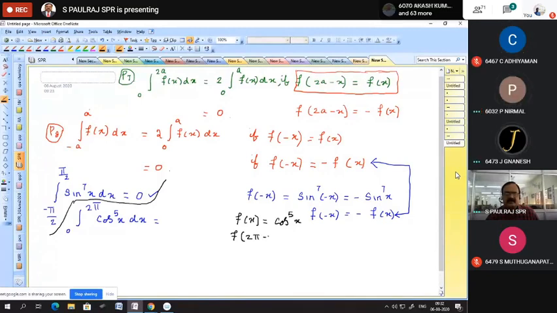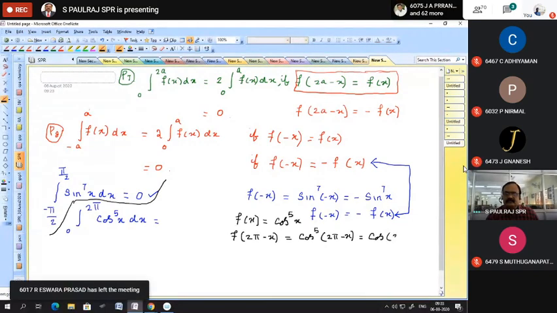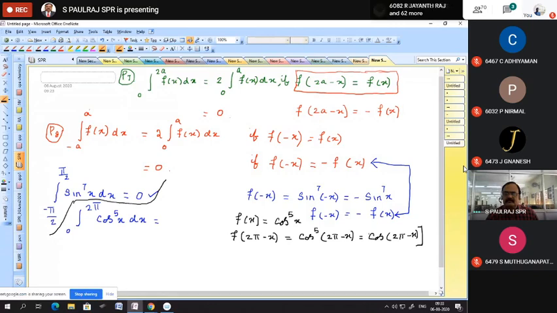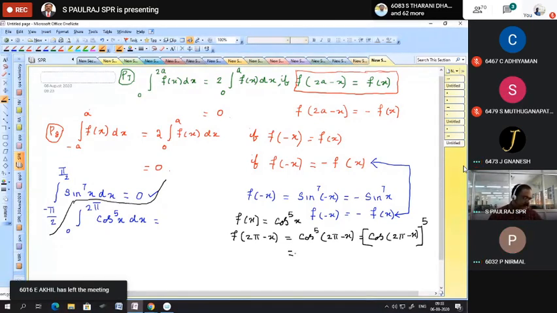Minus 1 to the power 5 into cos power 5 of 2 pi minus x. What is cos of 2 pi minus x?